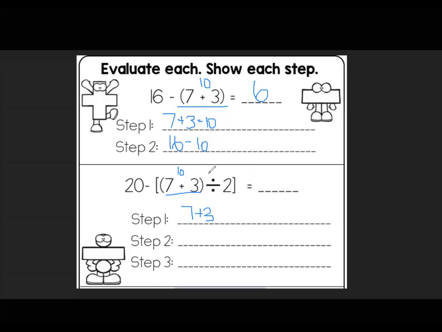So we have 10 divided by 2. So that's going to be our second step. And 10 divided by 2 equals 5. So then our very last step, we can subtract 20 minus 5 to get an answer of 15. So we just have to move along step by step, making sure that we're doing everything that we need to do.